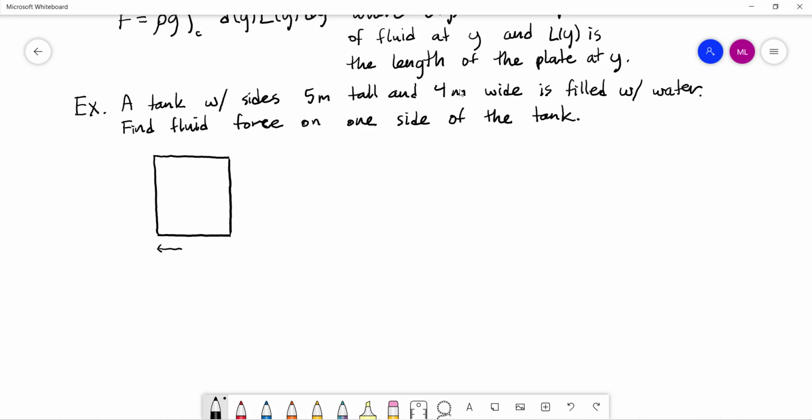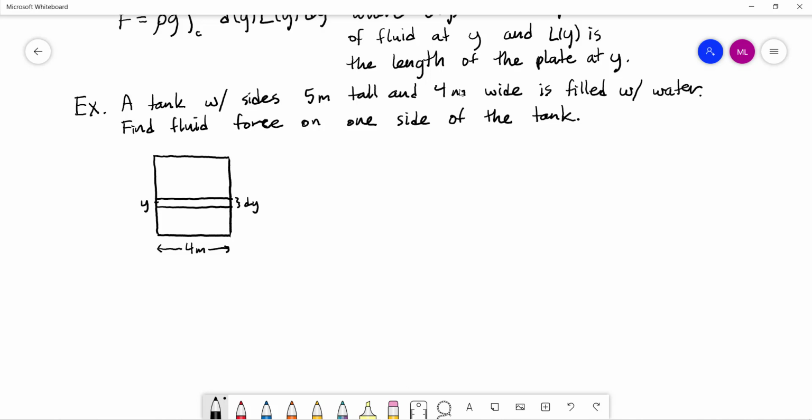This dimension is 4 meters. And maybe we're interested in finding the pressure or the force on one little slice of our tank right here at the position y. The thickness of that is going to be our little small parameter dy.